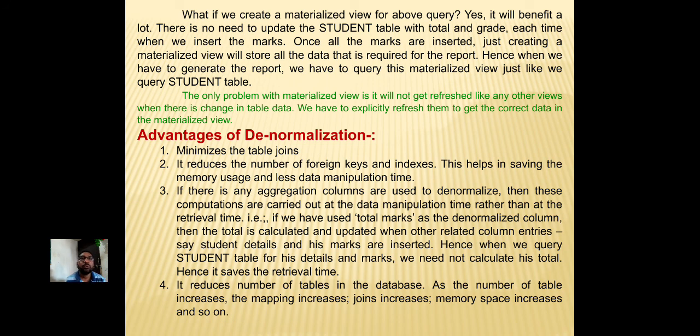If we have used total marks as the denormalized column, then the total is calculated and updated when other related entities, say student details and his marks, are inserted. Hence, when we query the student table for his details and marks, we need not calculate his total. Hence, it saves the retrieval time.